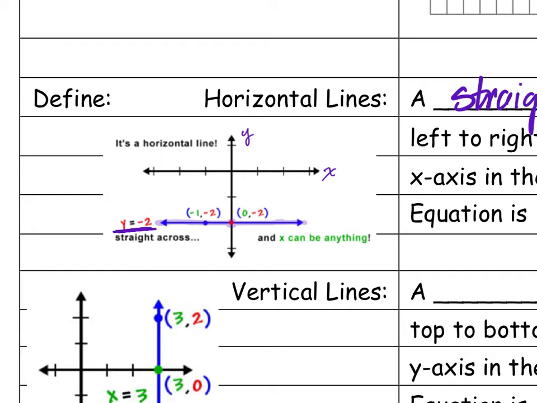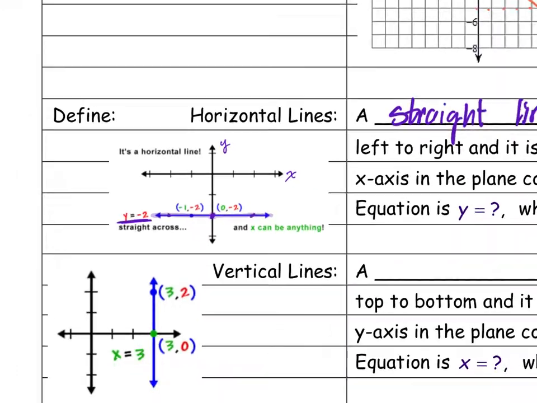So wherever it goes through on the y-axis, it's going to be y equals that, because no matter where I'm at on this line, y is always -2. Doesn't matter what x is. Okay, so that's why it's y equals -2.